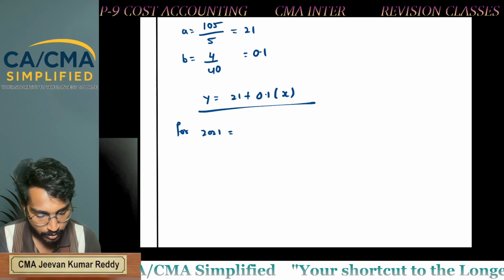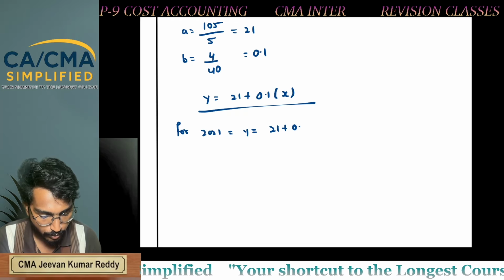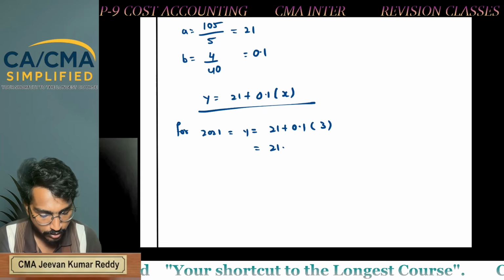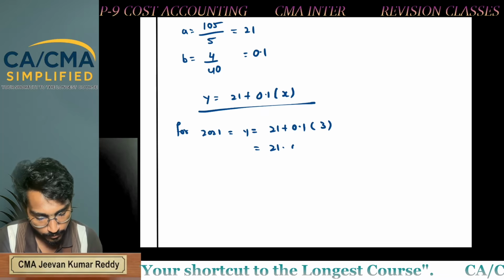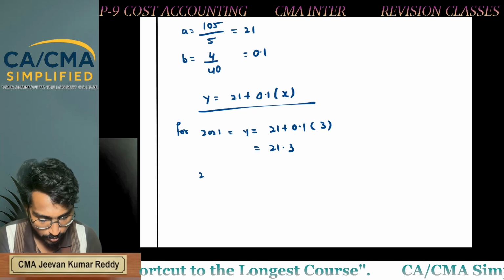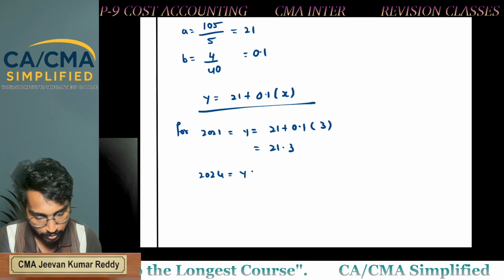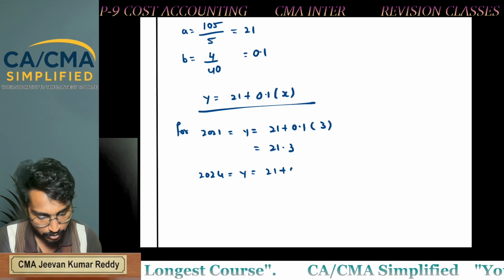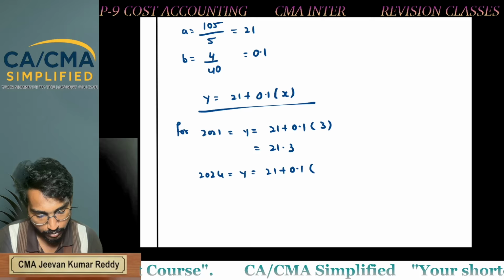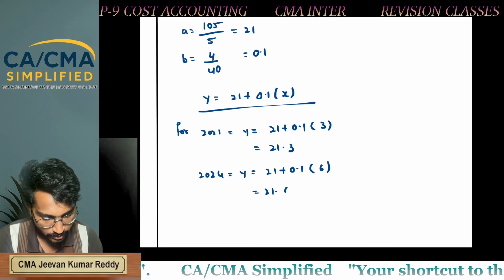Now for 2021, y is equals to 21 plus 0.1 into 3, that is 21.3. Next, for 2024, y is equals to 21 plus 0.1 into 5, not 5, it is 6, then 21.6.